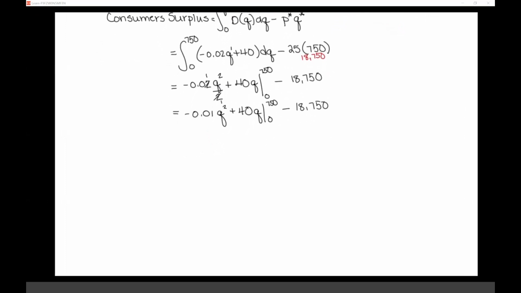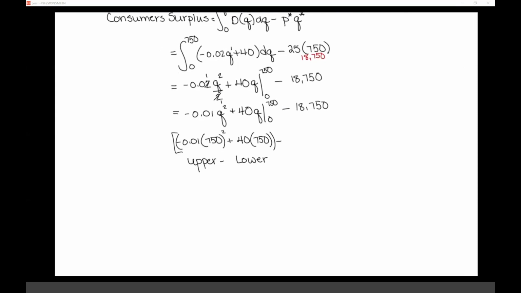So now I'm going to do the evaluation at the upper and lower bounds. Upper minus lower. That's going to be negative 0.01 times 750 squared plus 40 times 750. That's my upper bound.